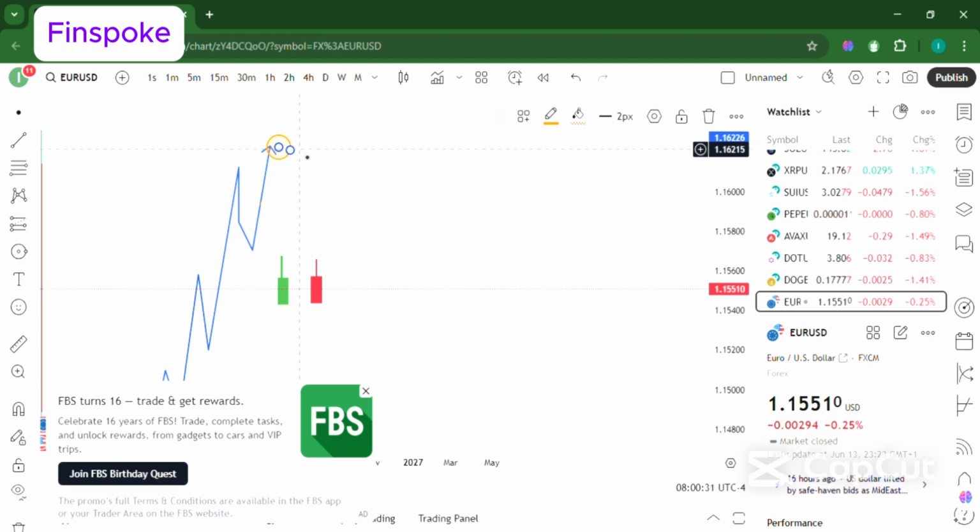What I want to point out here is this: sometimes we are at the right zone, but the reason why we lose money is because we didn't get into the market at the right time. These are two different things. Market is in your zone, but you get into the market at the wrong time.